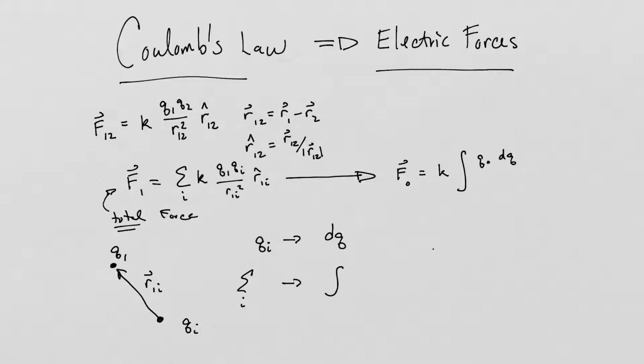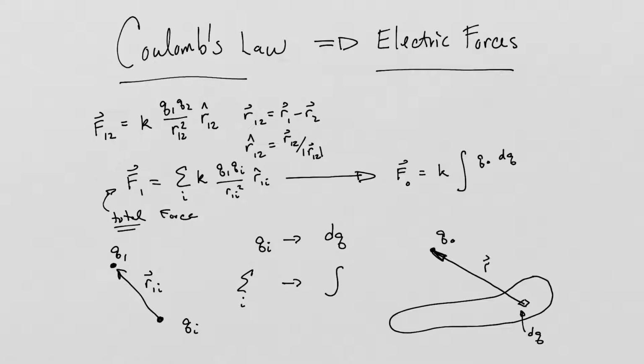Over here, I have a Q0, and I have some charge distribution now that's broken up into infinitesimal segments, which we're calling dq. Now I need a vector that represents the infinitesimally defined vector that goes from dq to q0. And for better or worse, what we call this is r.